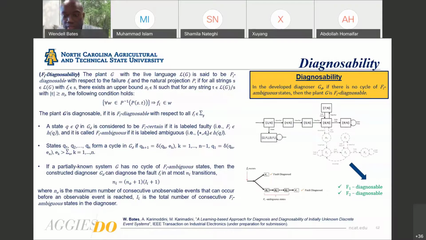So the diagnoser we built for the Boeing 737 MAX is both F1 diagnosable and F2 diagnosable.